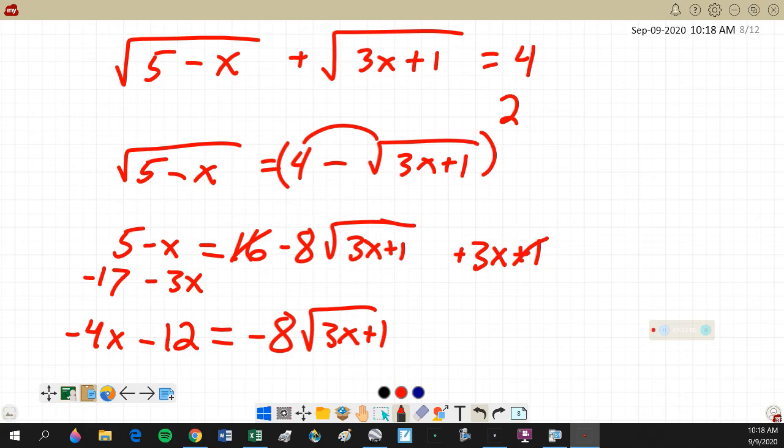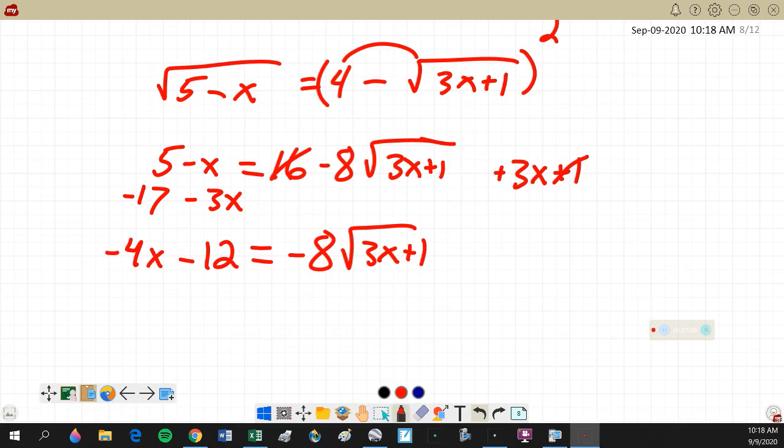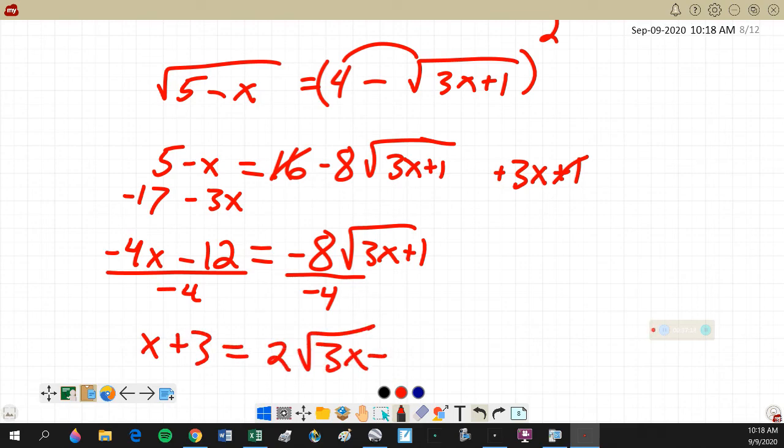What should I do here? Divide by negative 4. That will get rid of all the negatives. So divide everything by negative 4. X plus 3 equals 2 root 3x plus 1. Square both sides. X squared plus 6x plus 9 equals 4 times 3x plus 1.